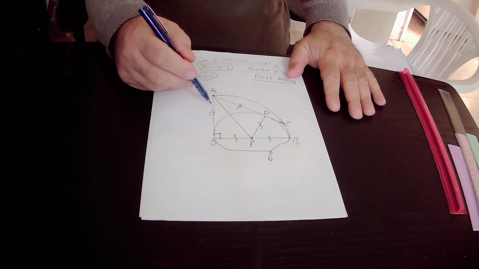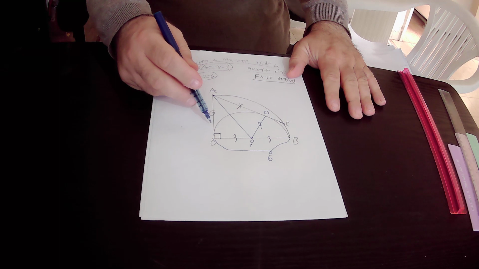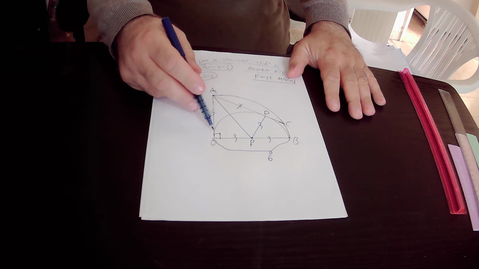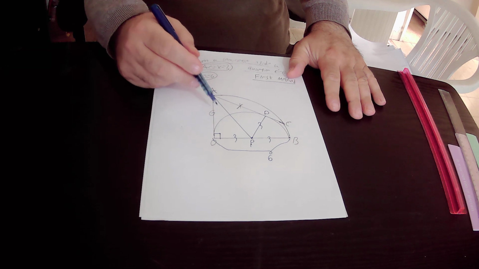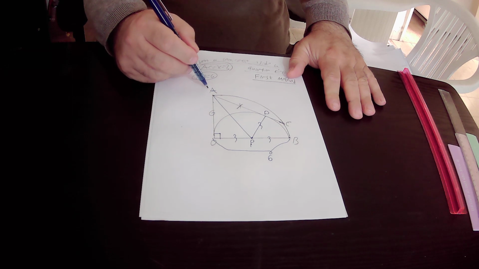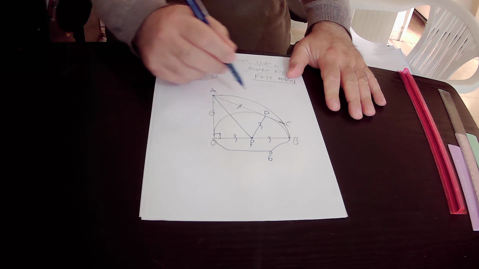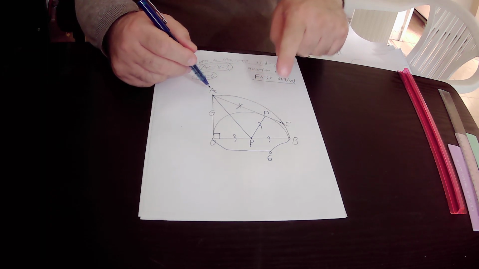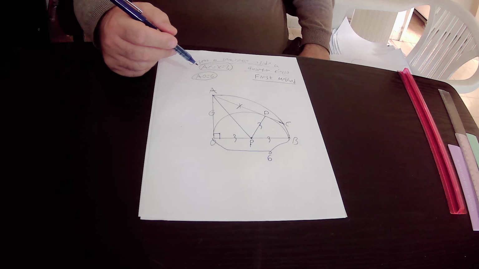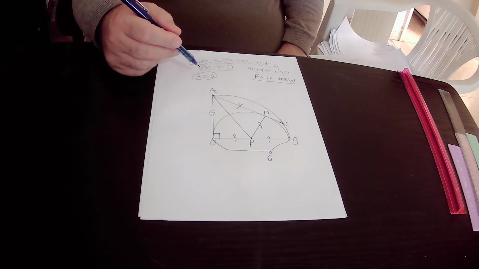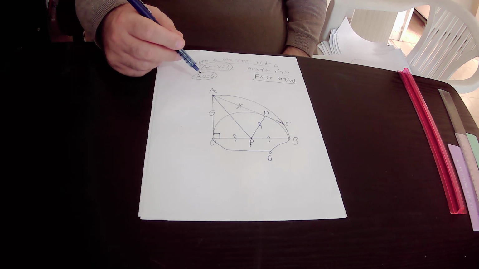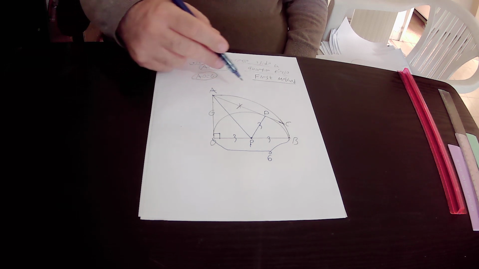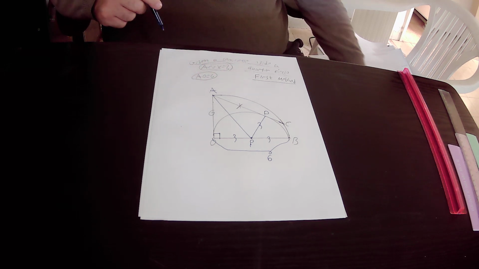The first tangent is tangent AO, which is tangent to the semicircle at point O. And the second tangent is tangent AD, which is tangent to this semicircle at point D. According to rule number 1, the lengths of those two tangents are equal to each other. That is to say, AO equals AD according to rule number 1.